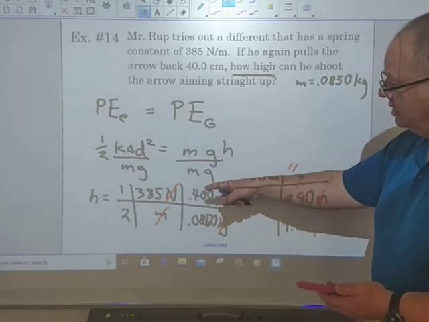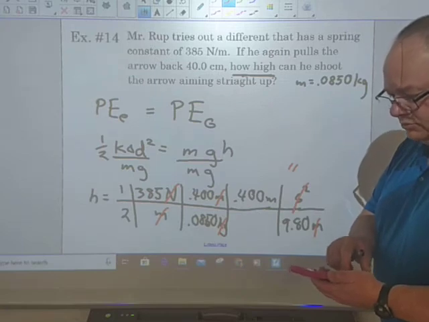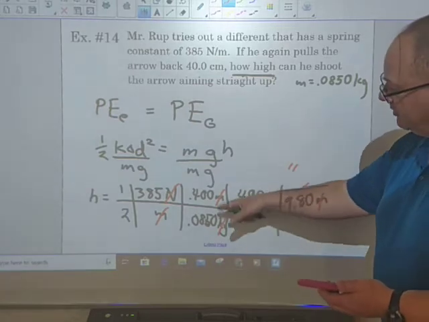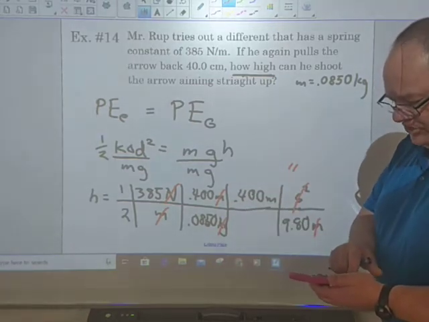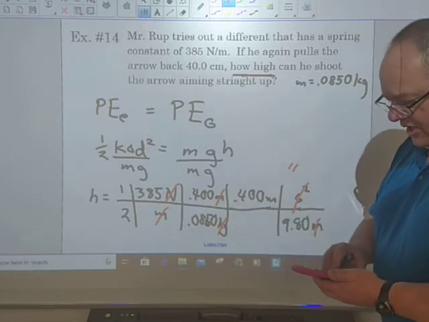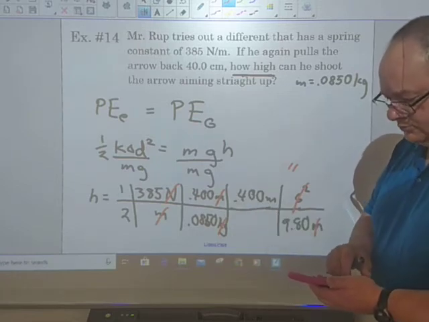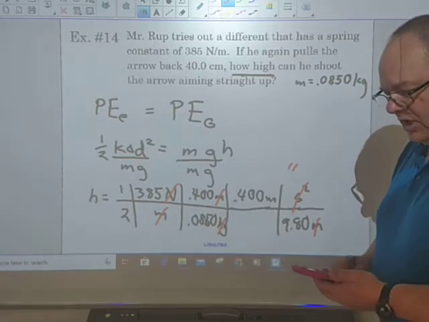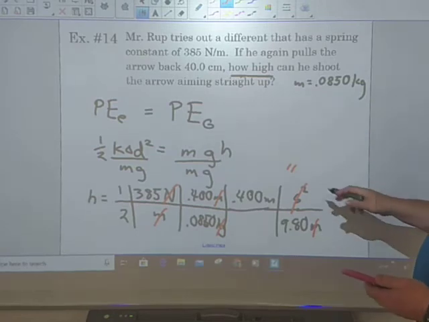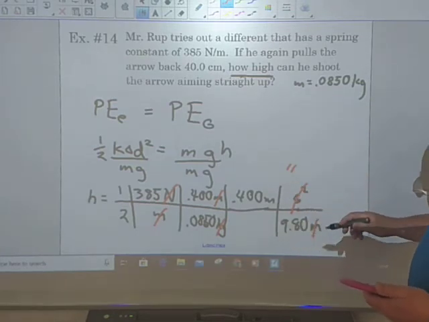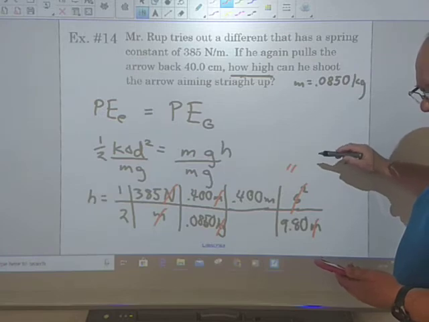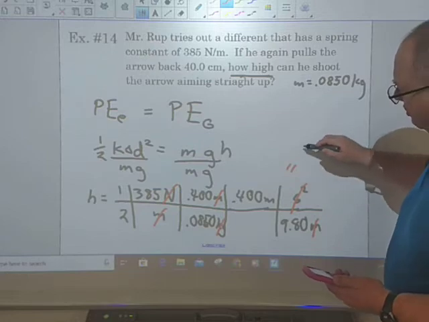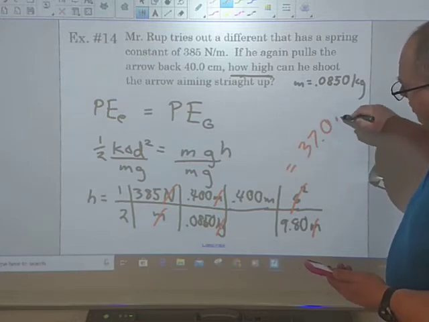Divide by 2, multiply by 0.4, divide by 0.085, multiply by 0.4 again, divide by 9.80, hit enter, and let's see, I think we've got 3 sig figs, so it's 36.97 meters, so I'm going to have 37.0 meters.